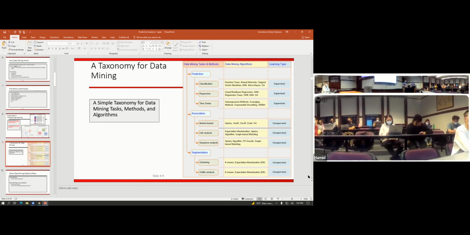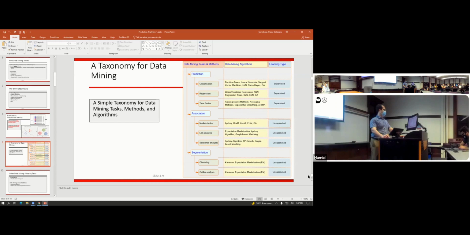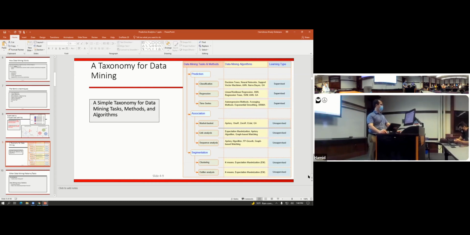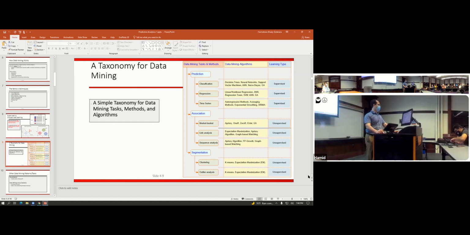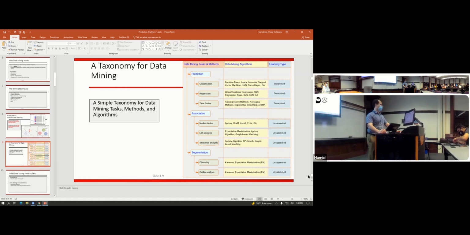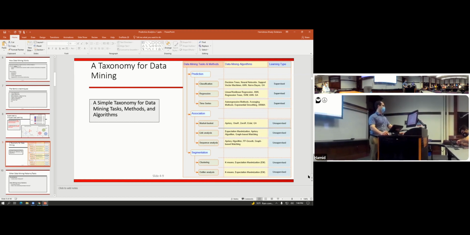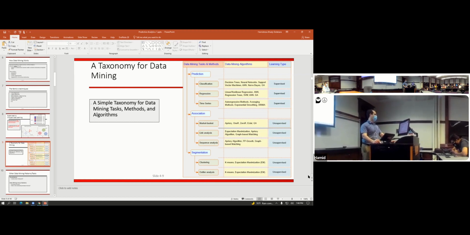As you see in this figure, regression is within the data mining algorithms, which is a statistical algorithm, or ARIMA, autoregressive methods.